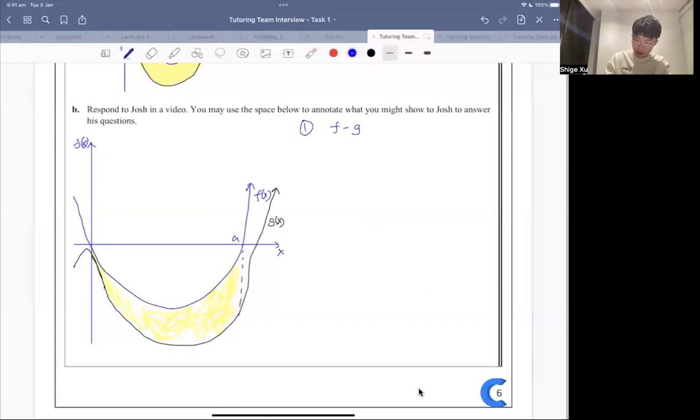So we have a negative number minus a negative number that is larger in absolute terms, because g of x is below f of x. So then we have basically a positive number.